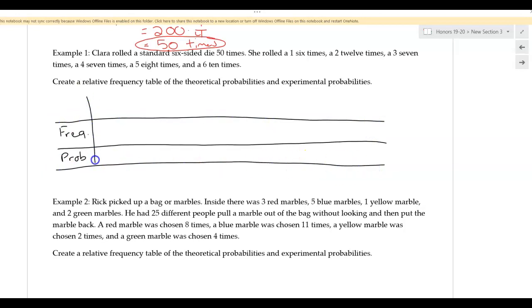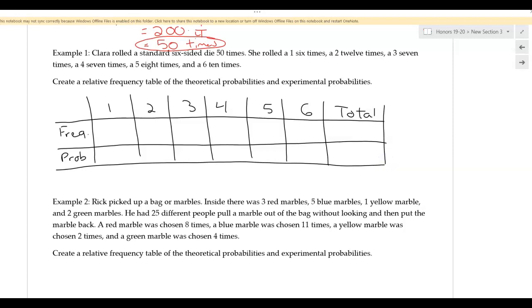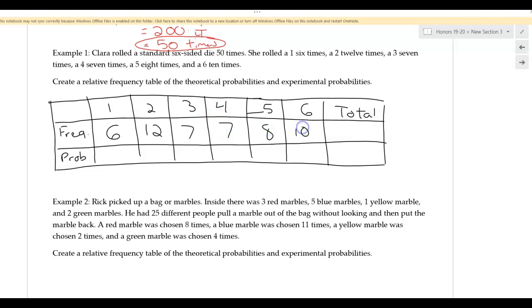And then what are my options? I can get a 1, a 2, a 3, a 4, a 5, a 6, and then we have our total. Okay, so I got a 1 6 times, a 2 12 times, a 3 7, a 4 7, 8, and 10.